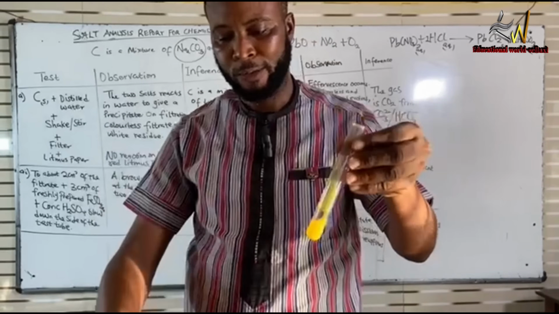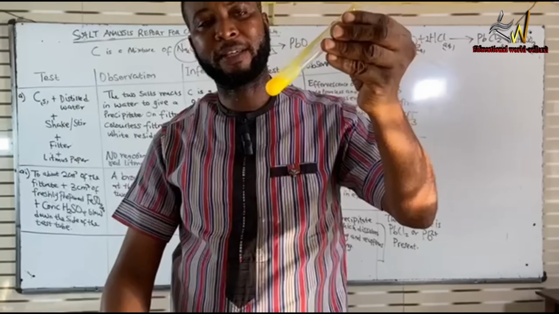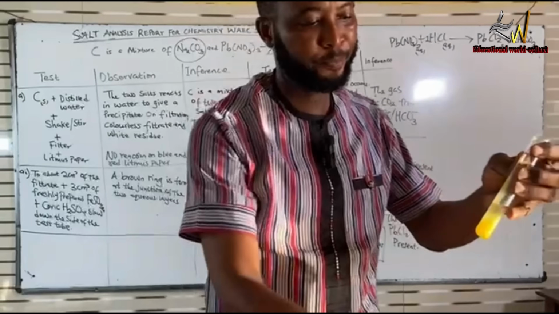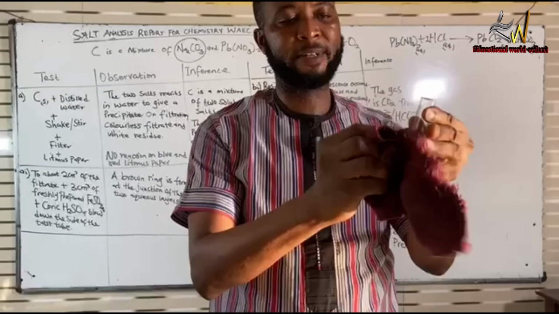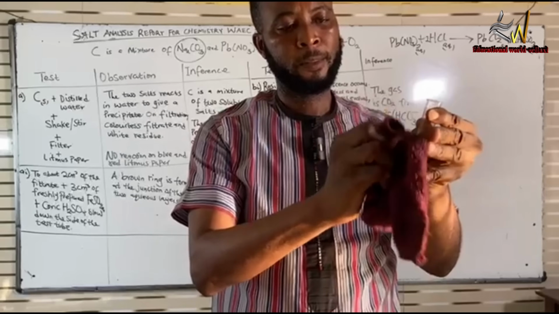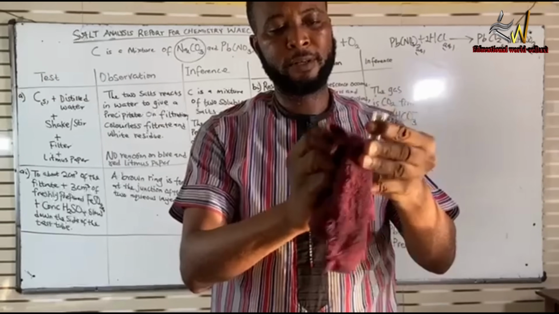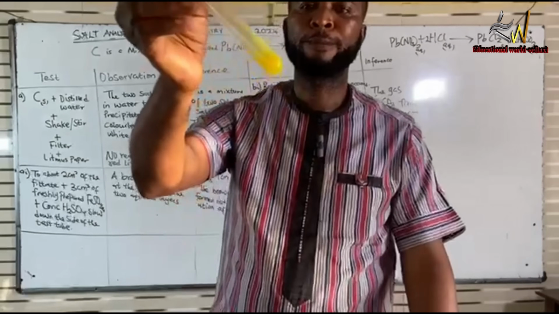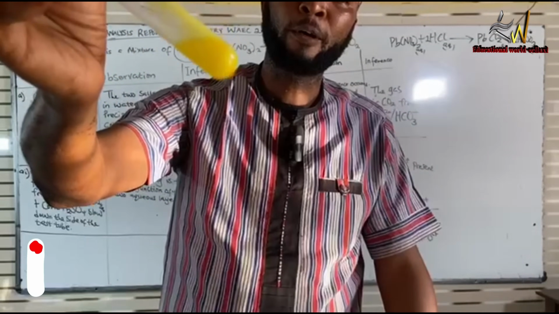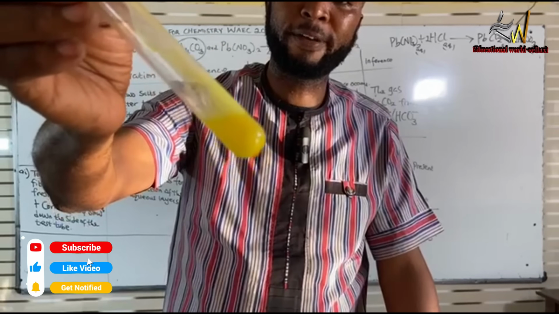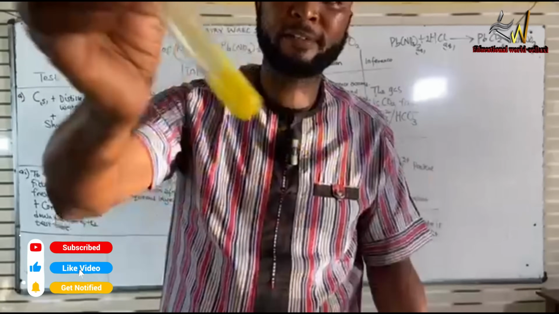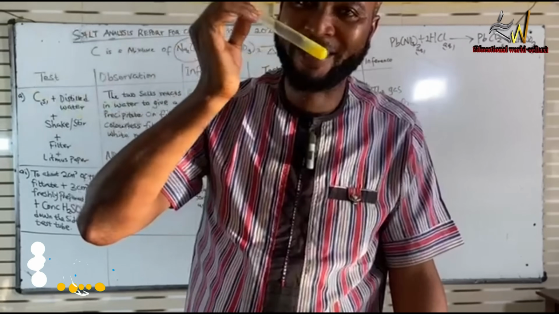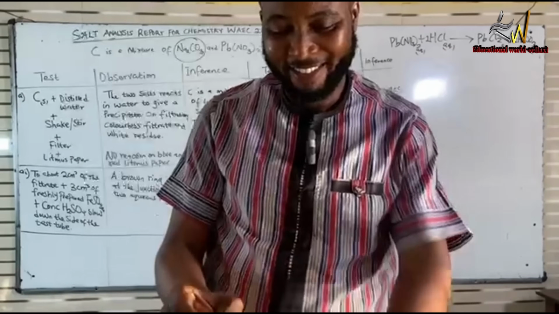A yellow precipitate is formed. This confirms lead in the lab. So K2Cr2O7 is used for confirmation of lead in the lab. This is our yellow precipitate. You love it and you kiss it. Chemistry made easy.